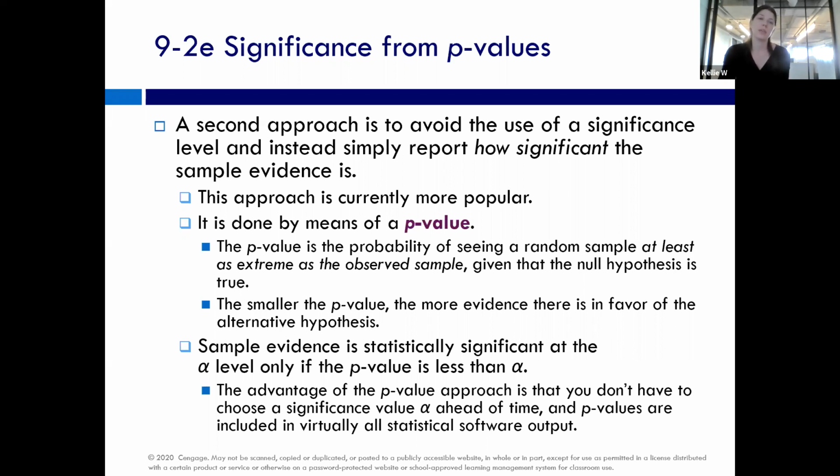And the smaller the p-value, the more evidence there is that we're favoring the alternative hypothesis. So we would say that sample evidence is statistically significant at the alpha level only if the p-value is less than alpha. And the advantage of this approach is you don't have to set a significance level ahead of time. And p-values are very easy to calculate, and any statistical software that you use is going to provide that information for you.